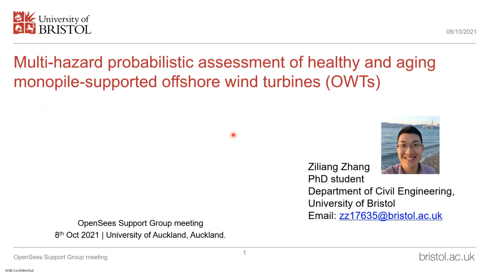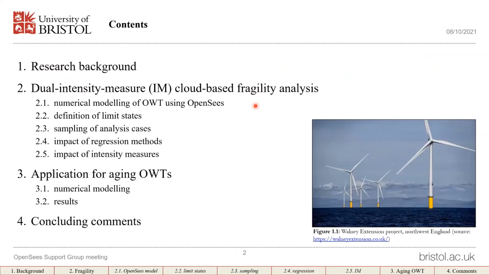Thanks very much. Before we get started, here is a list of contents you can expect. We'll start off with an introduction to our research background. Then we move on to the main section of our talk today, which is a dual intensity measure cloud-based fragility assessment.